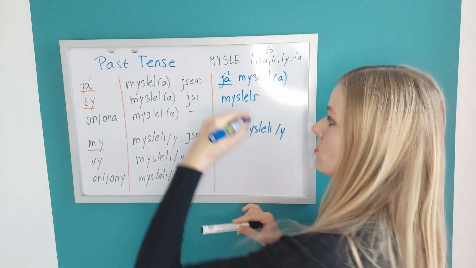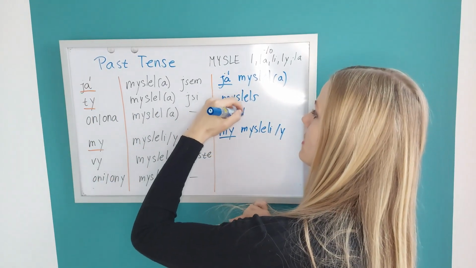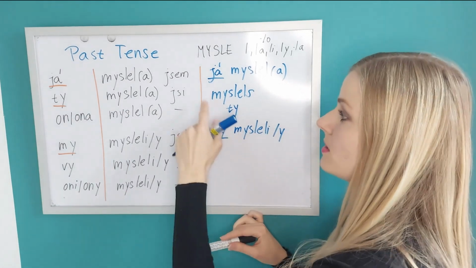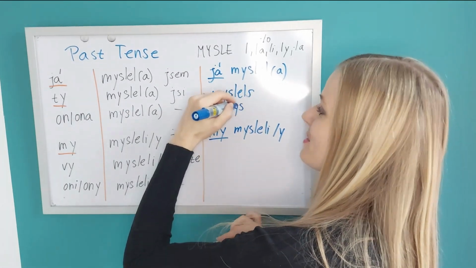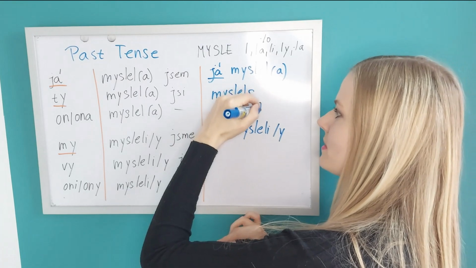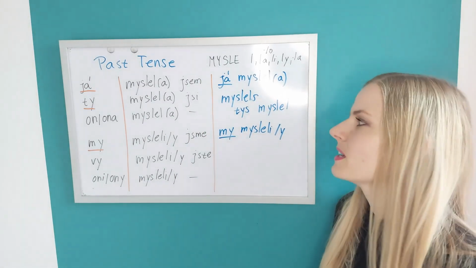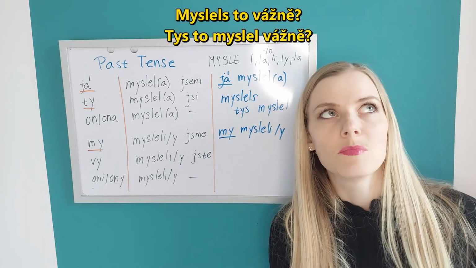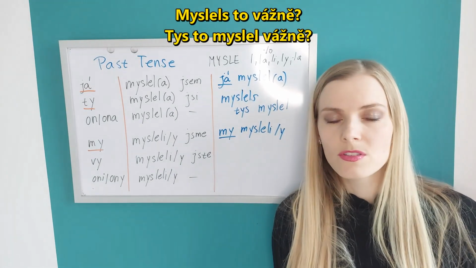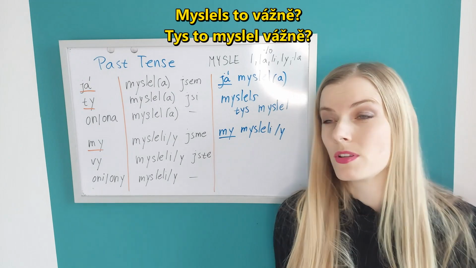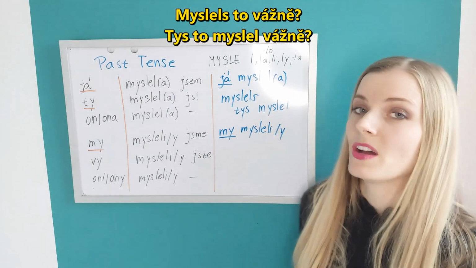And we can also mention ty for emphasis. In that case, ty would be at the beginning of the sentence and the s would go right here. Ty s myslel. That's interesting, right? Myslels, like myslels to vážně? Were you serious? Did you think this for real? Or ty jsi to myslel vážně?